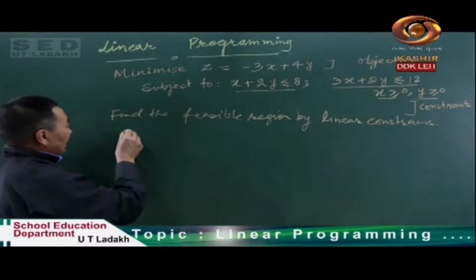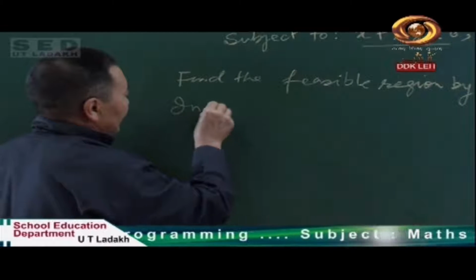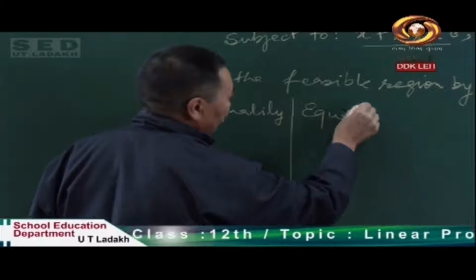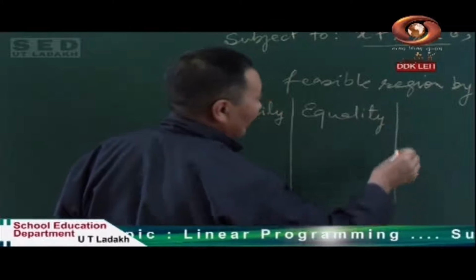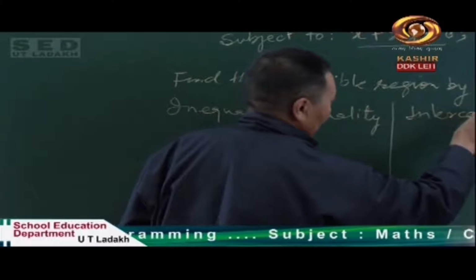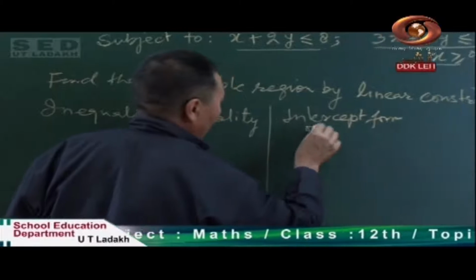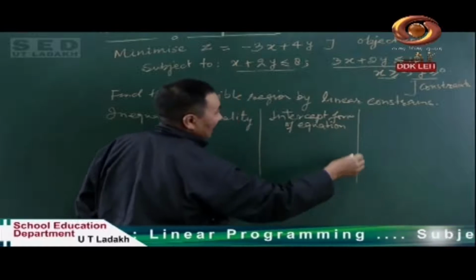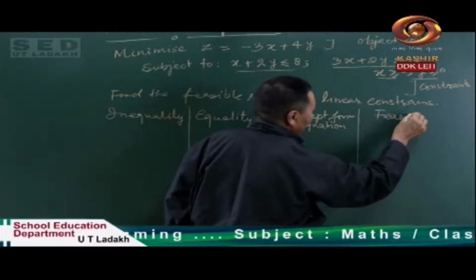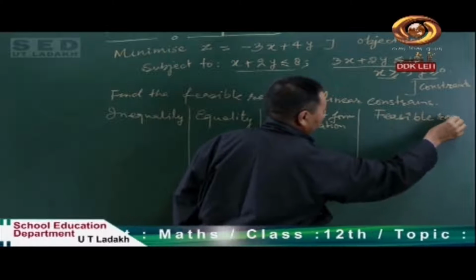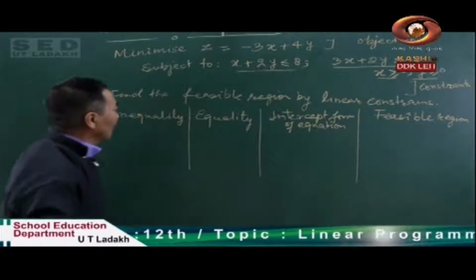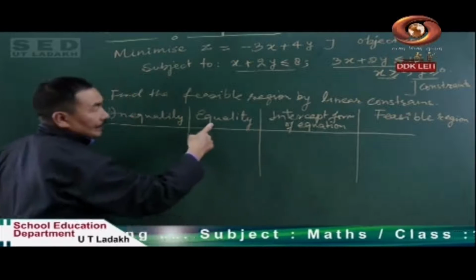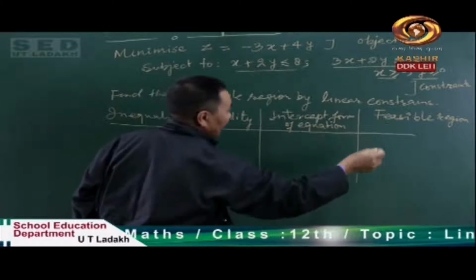I will make a chart of it: inequality, equality, intercept form of equation, and then the feasible region.